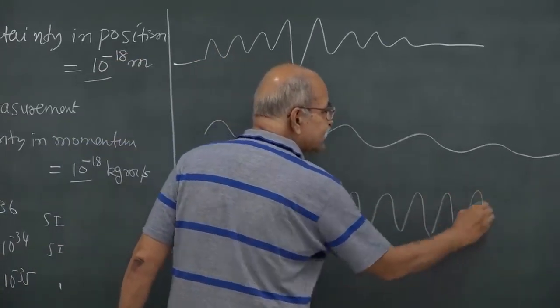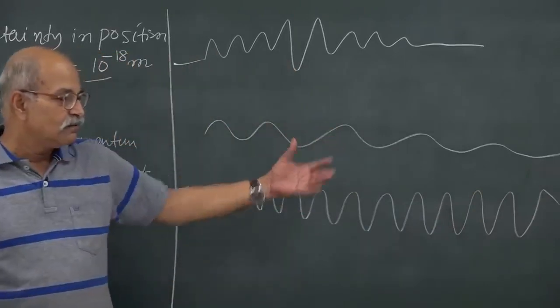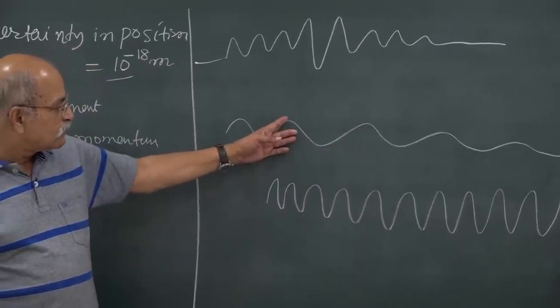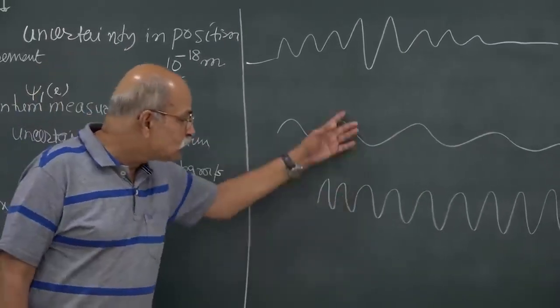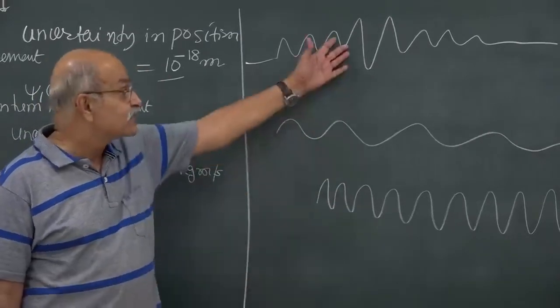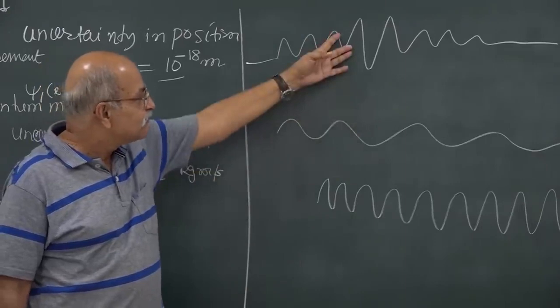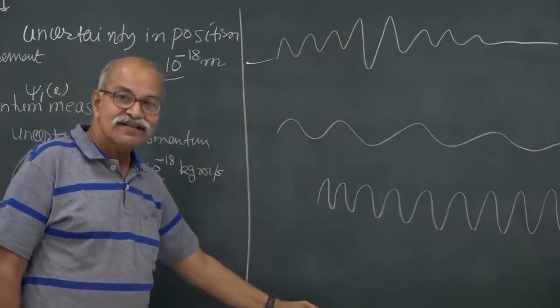These all extend over large extents, and each has a particular momentum. But when you superpose all these and get this, then in this wave function you have this momentum, in this wave function you have this momentum, and so on.